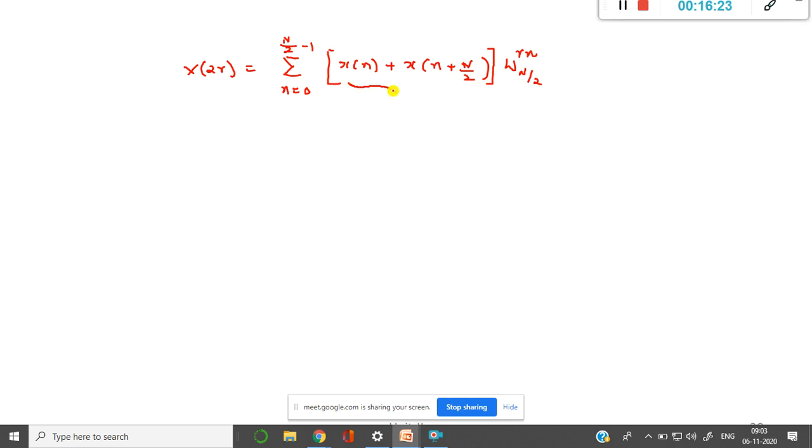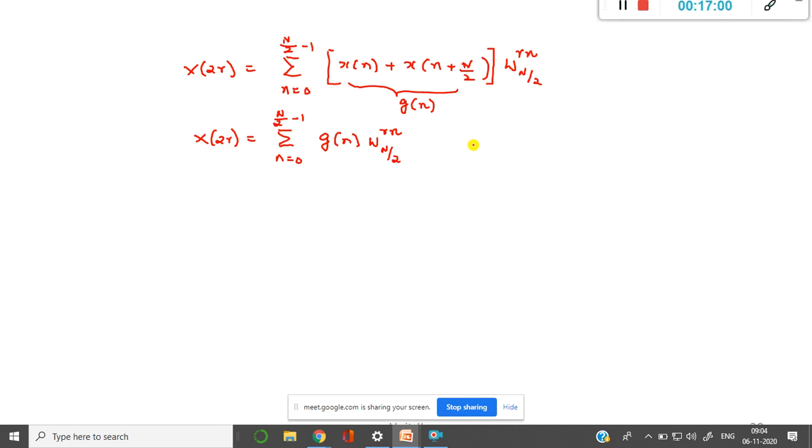If I call this entire thing one input signal g of n, then x of 2r is equal to summation n runs from 0 to N by 2 minus 1, g of n W_N by 2 to the power of rn. Now this is nothing but what we have applied, k equal to 2r, which is still a DFT, right?